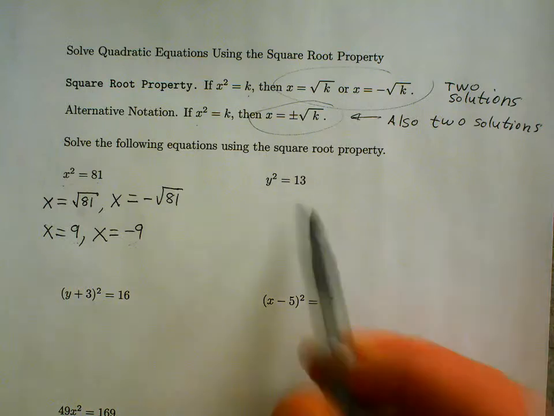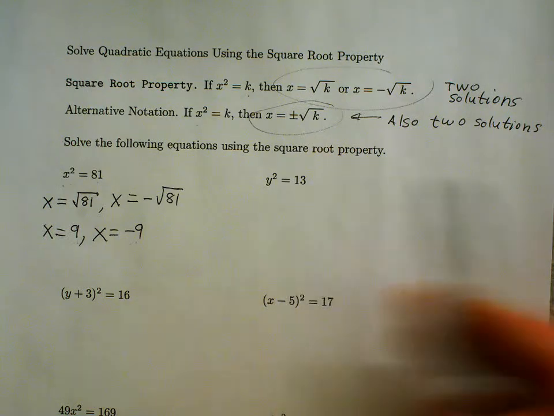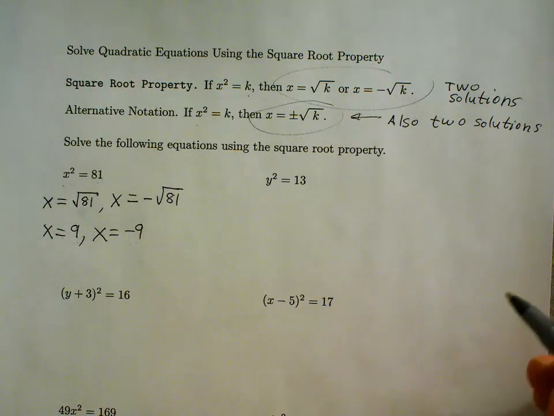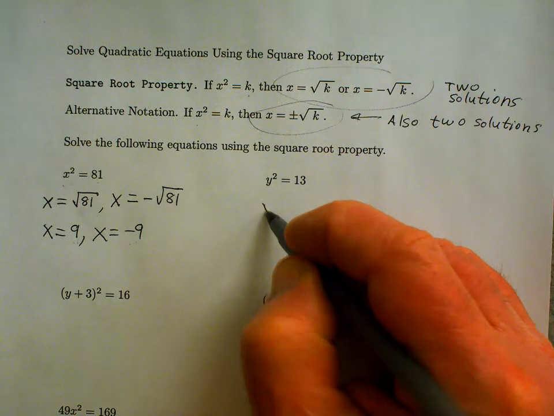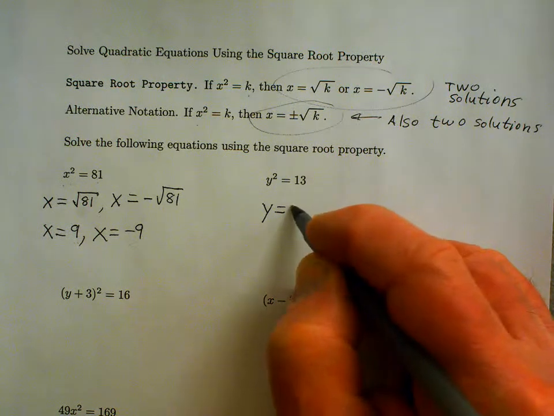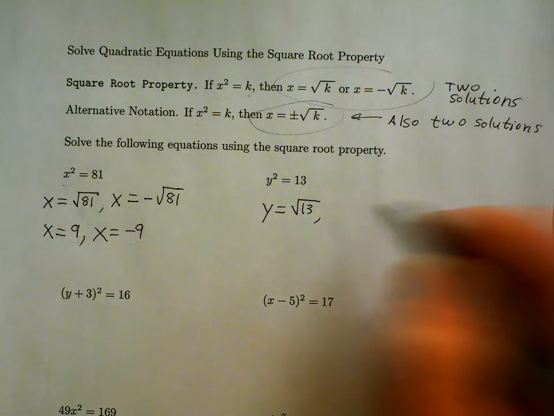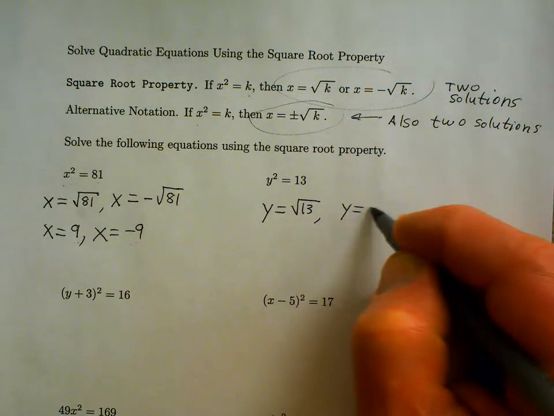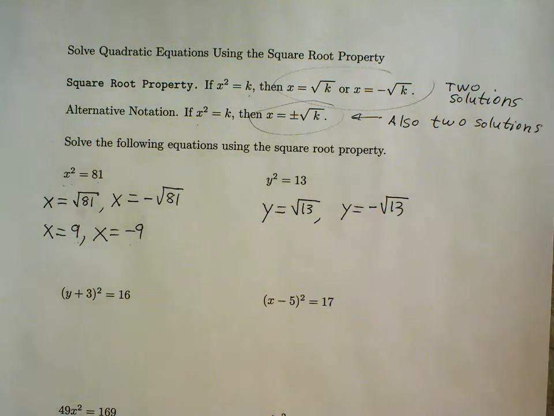Okay, the next example, y squared equals 13. So one of the solutions is y equals the positive square root of 13. The other solution is y equals the negative square root of 13.